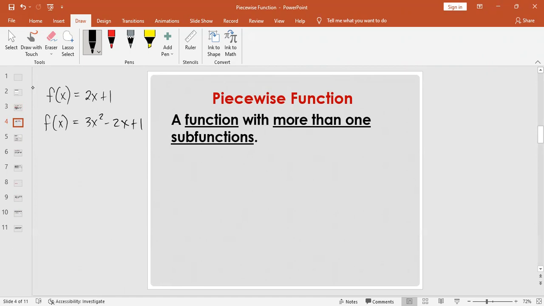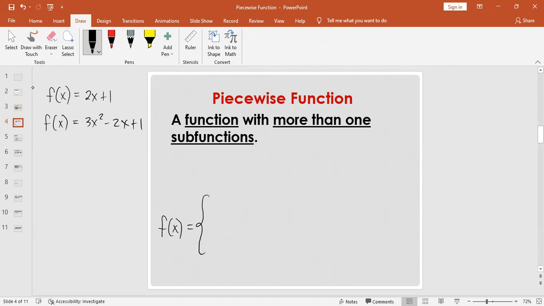But in piecewise function, its form is different from the functions that we are used to. In this function, we will be encountering this form of function. Since piecewise function is defined by more than one subfunction, we are going to expect more than one subfunction.